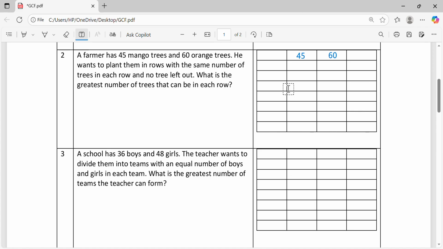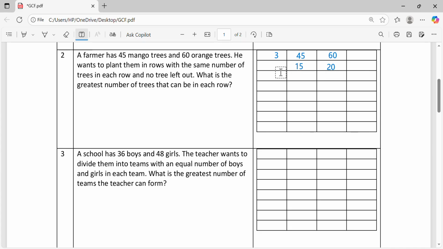And when you're dealing with the greatest common factor, you have to make sure that the factor you put there can divide the two numbers and leaves no remainder. So here you see we need to put in 3, and then 45 divided by 3 you get 15, then 60 divided by 3 you get 20. Here 3 can no longer work since it cannot divide 20.